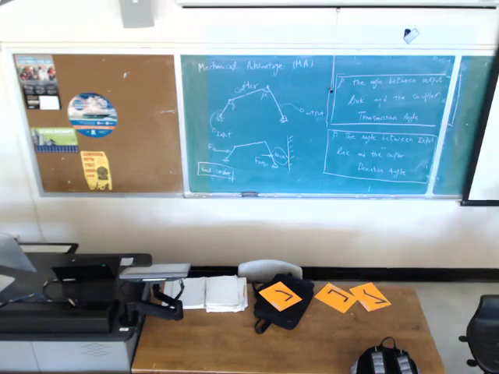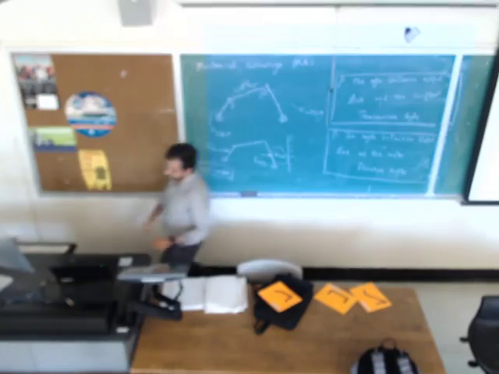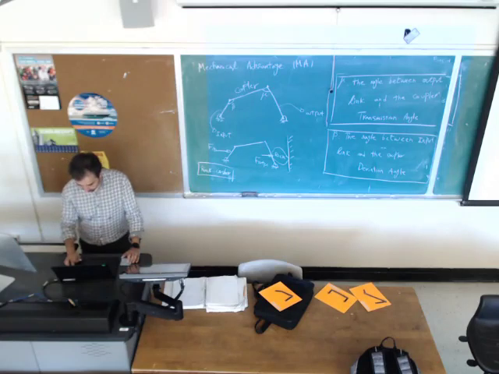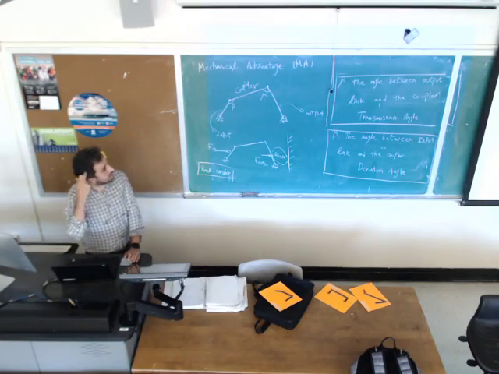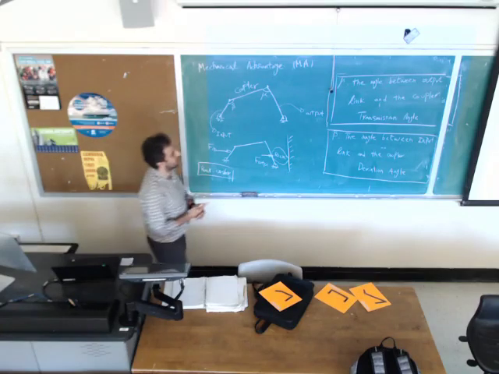Some force goes out at the contact point between the rock and this link. So mechanical advantage is defined as the force that you get at the output divided by the force that you apply at the input: F output divided by F input.